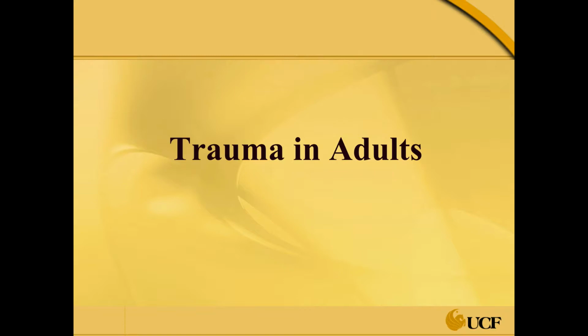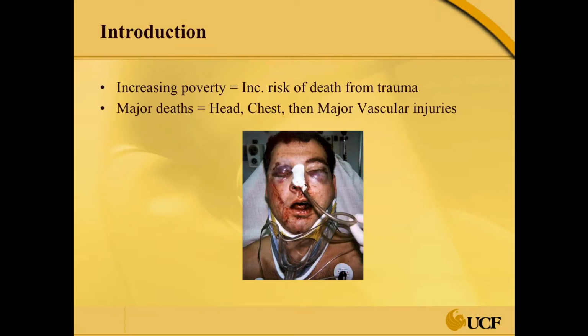We're going to start with discussing trauma in general in adults. That's our very first component. Remember that there are socioeconomic forces that play a major role in who has these traumatic events. Research tells us that the more people are impoverished, the more likely they are to die from trauma, but they're also more likely to experience trauma. There are lots of reasons for that.